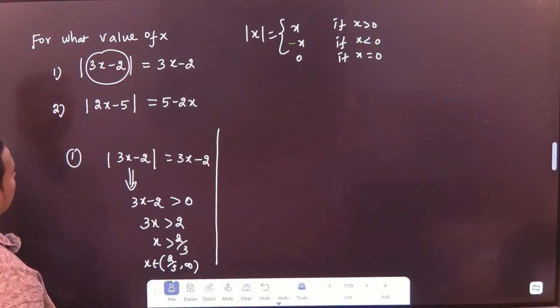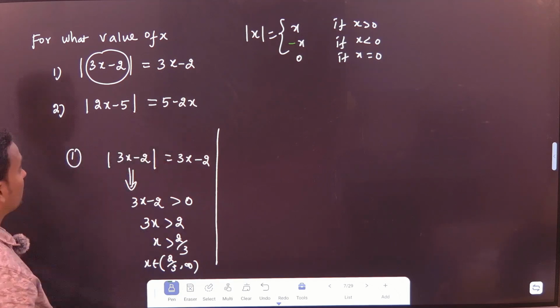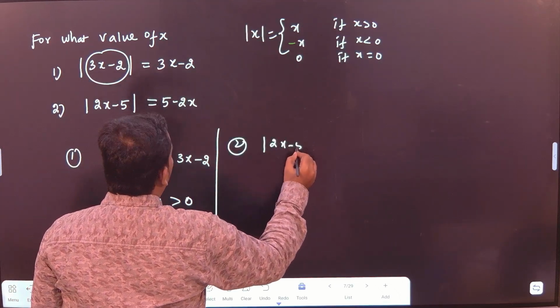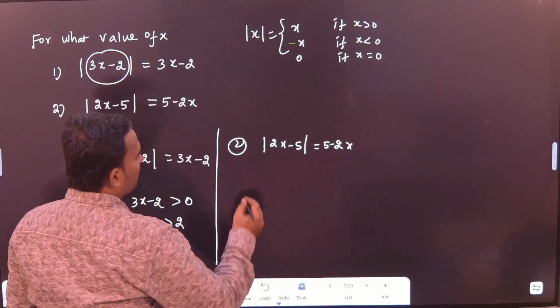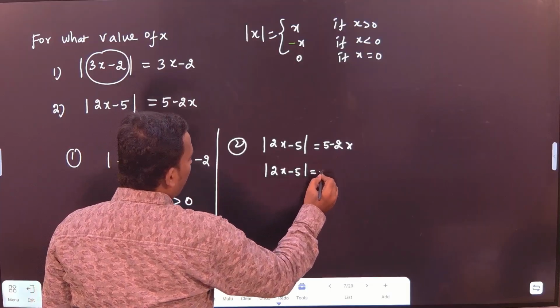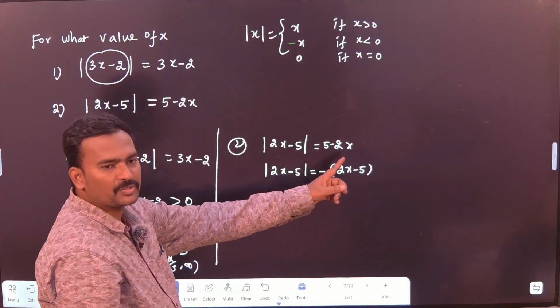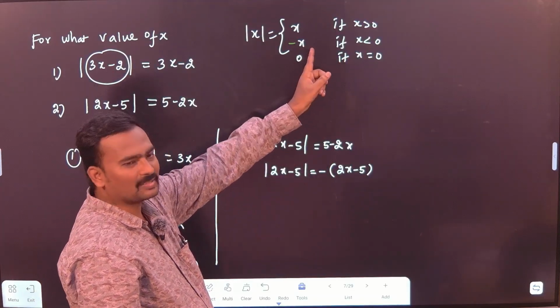So, you can see, students, mod 2x minus 5 is equal to 5 minus 2x, right? That means we can write 2x minus 5 is equal to minus of (2x minus 5). Then only you will get 5 minus 2x. You can use that when x is negative, mod x is minus x, right?